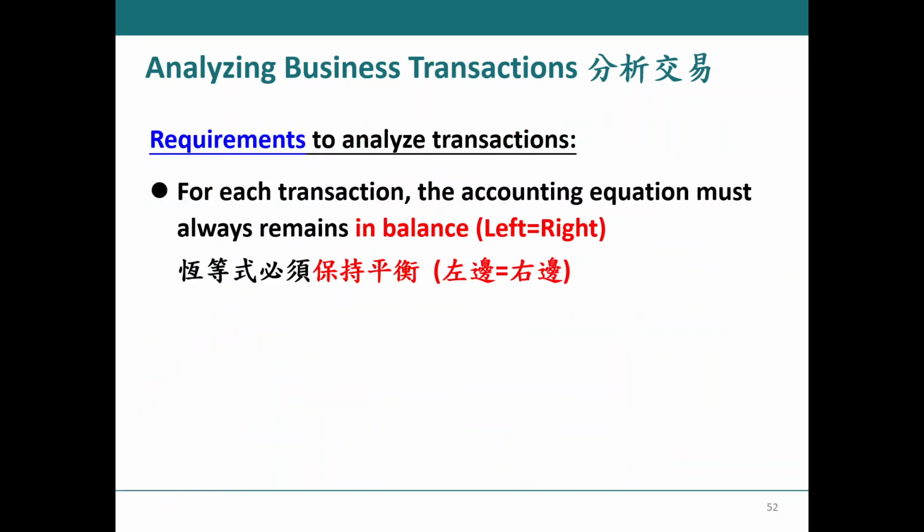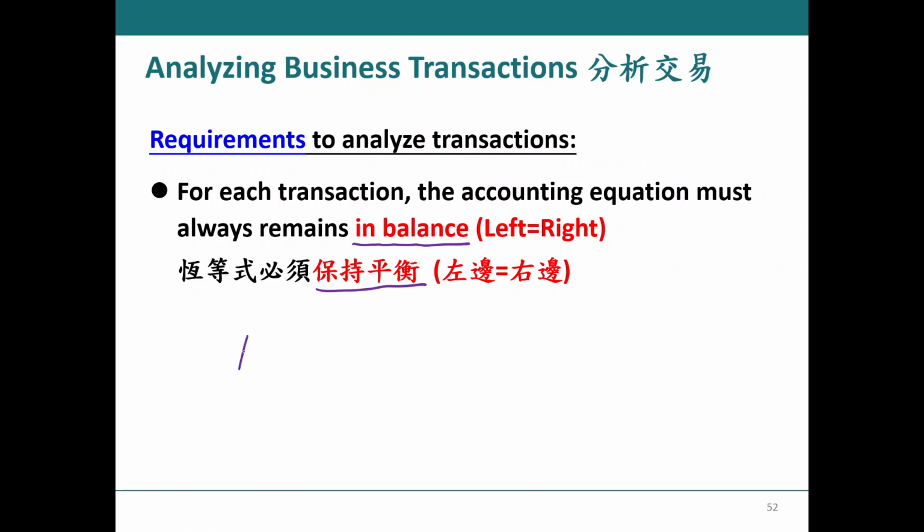Another thing is, before we analyze a transaction, the first requirement is to make sure this accounting equation is always in balance. In balance, 保持平衡, means what? Left equal to right. So first requirement, please make sure it's in balance. So what does it mean?